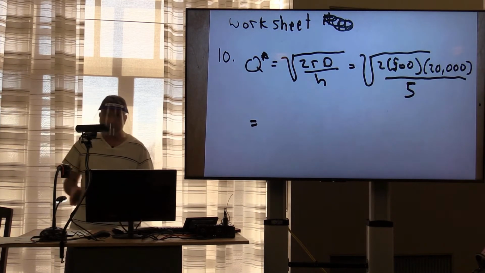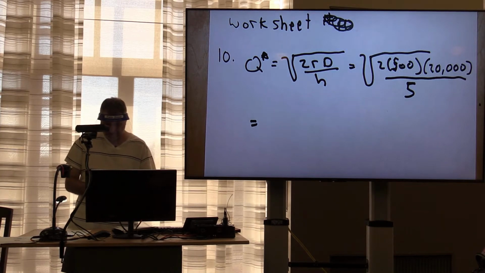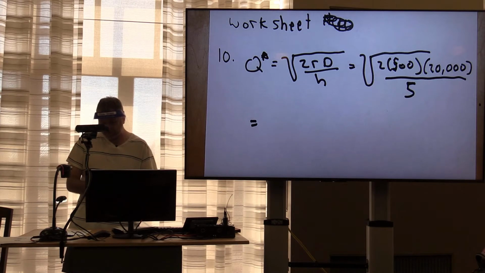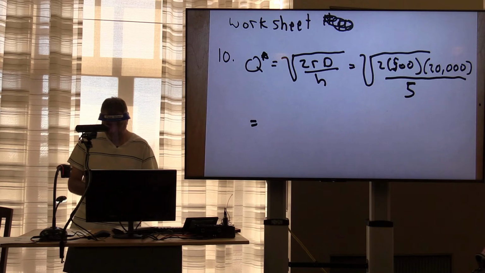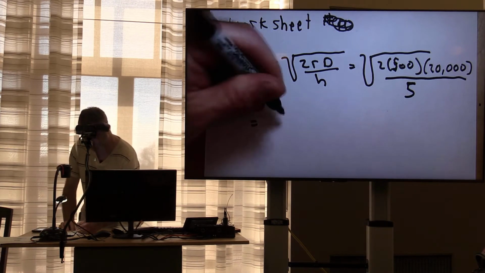And even though I have done these in advance, I'm going to always do the calculations again myself to make sure I don't go too fast with stuff. And so you can do the calculations if you want as well. And I get 2,000.